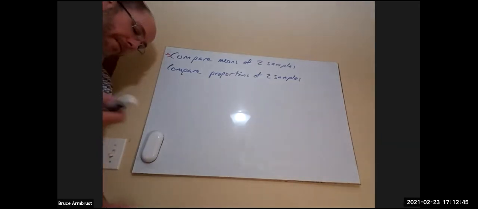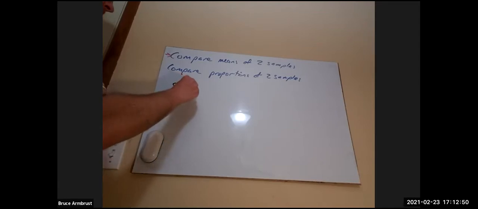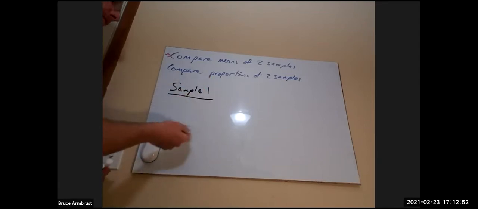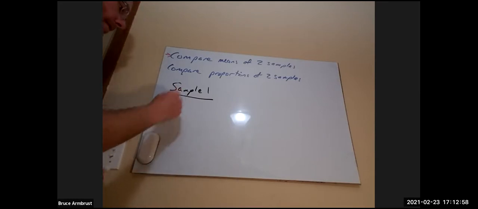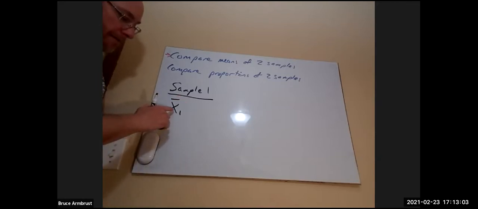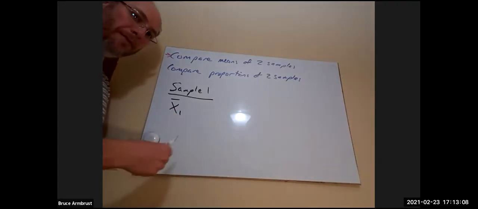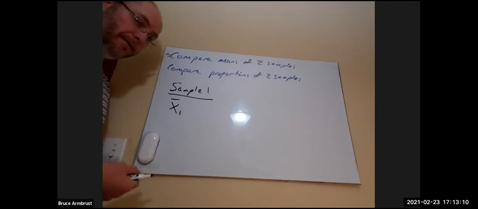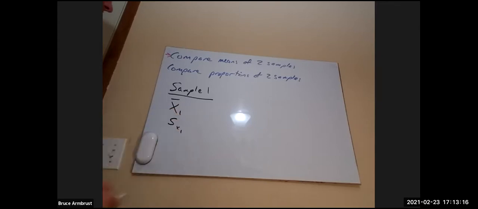Basically, we're going to have sample one, and for sample one, we're going to be able to calculate some numbers. There's going to be an average. I'm going to write this as x bar, but with a little one, meaning it's coming from sample number one. We're also going to be able to calculate a sample standard deviation from sample one.